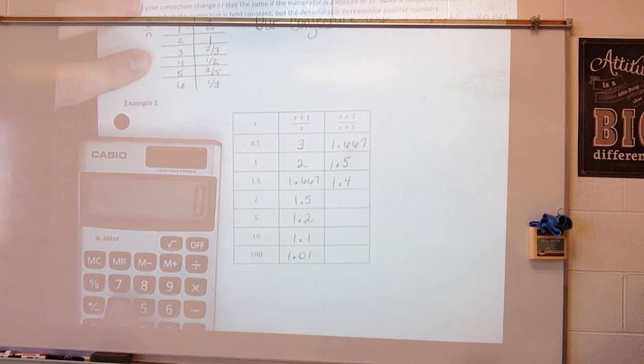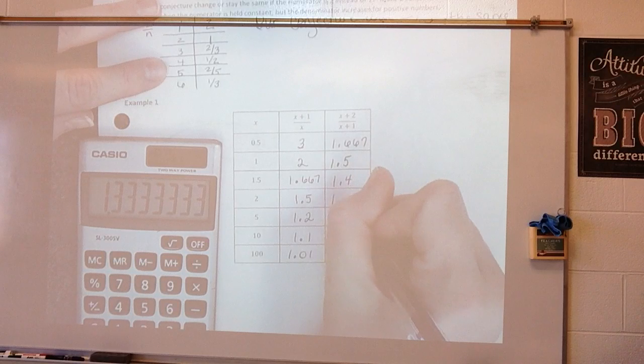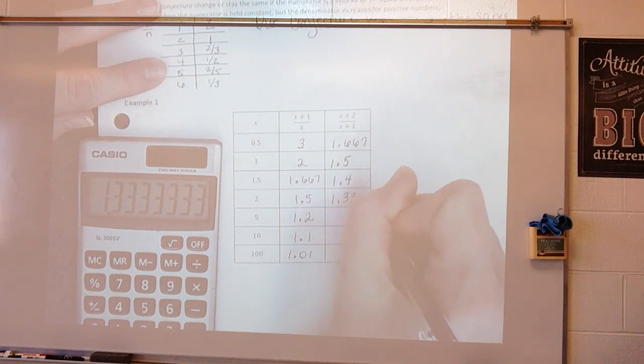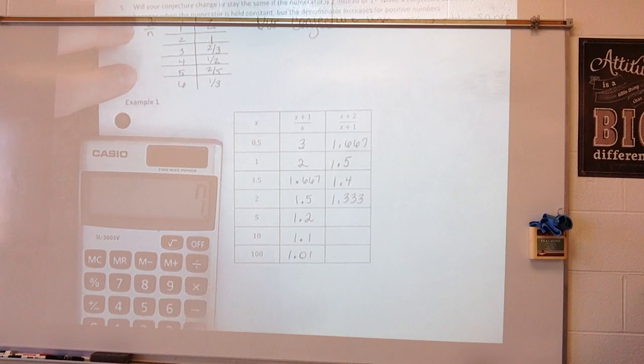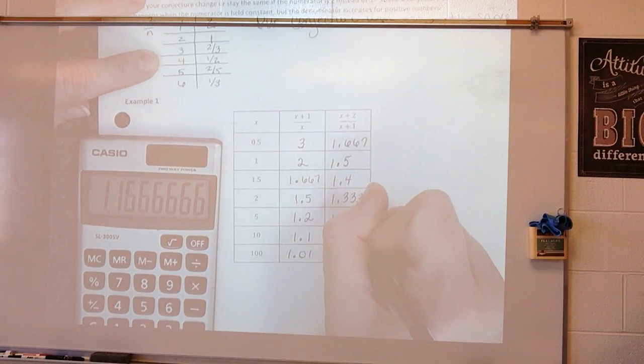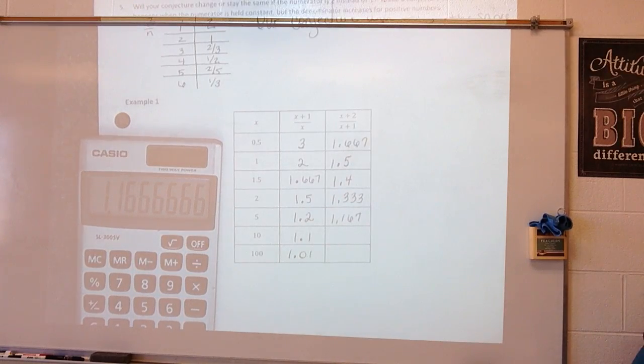All right, so I have 4 divided by 3, 1.333. I have 7 divided by 6, 1.167. All right, notice that the 6 is the only thing that repeats.